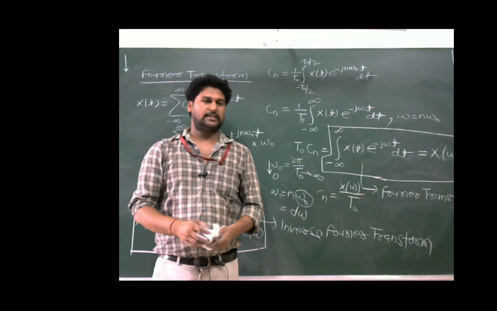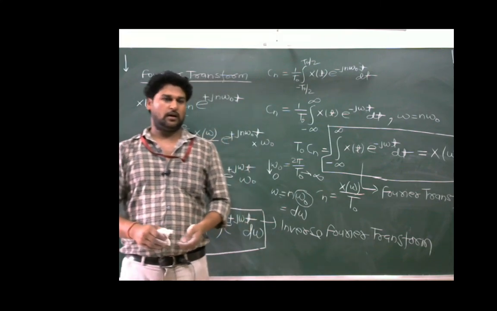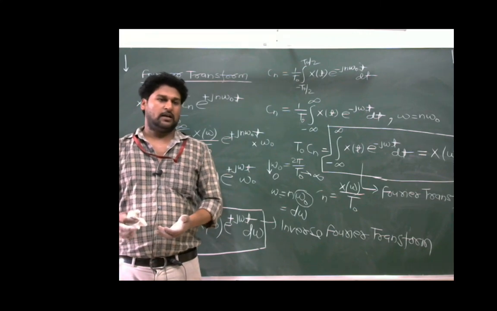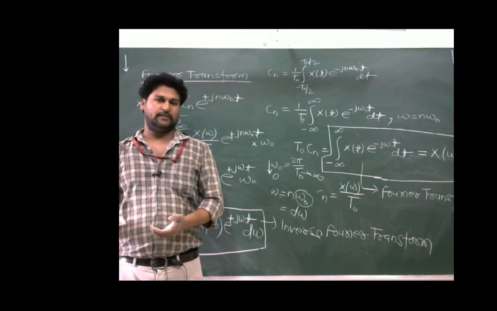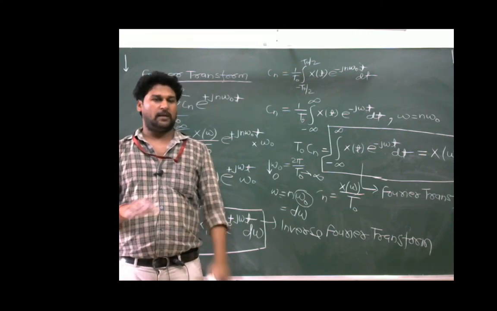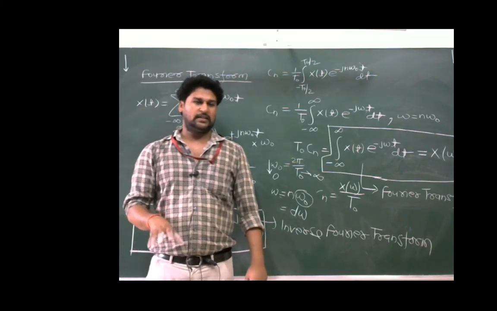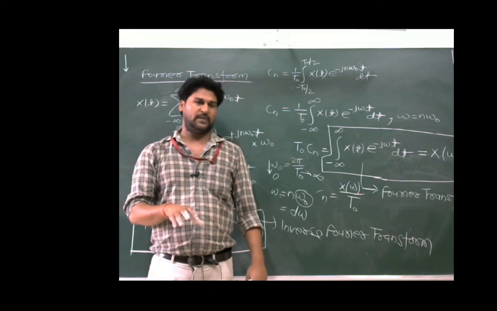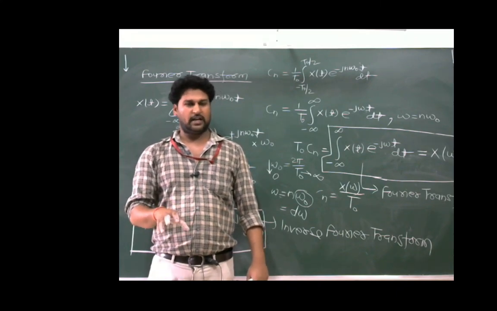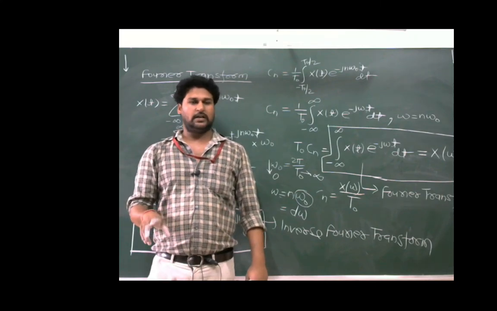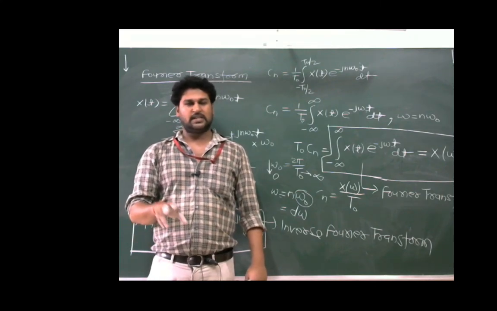So in this lecture we have seen how, when the fundamental period of a signal tends to infinity, the signal becomes non-periodic from periodic, and the line spectrum of the signal is converted to a continuous spectrum.